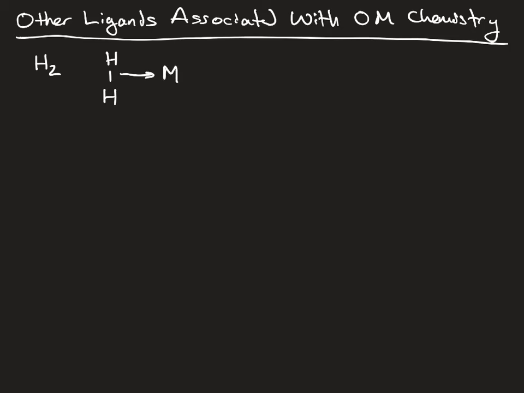In this case, we refer to that H2 ligand as a dihydrogen ligand, and we typically put it in parentheses to distinguish it from a hydride or a dihydride type ligand, where you would have two H minuses binding into the metal center.